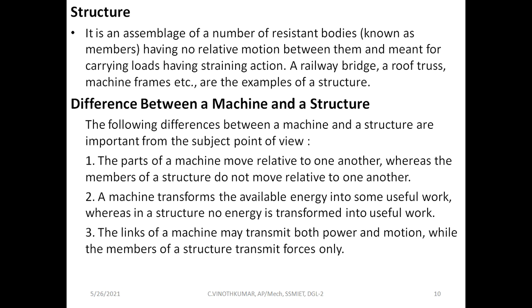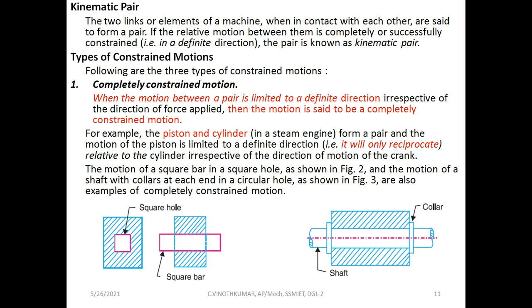Second, a machine transforms the available energy into some useful work, whereas in a structure no energy is transformed into useful work. Third one, the links of a machine may transmit both power and motion, while the members of a structure transmit forces only.